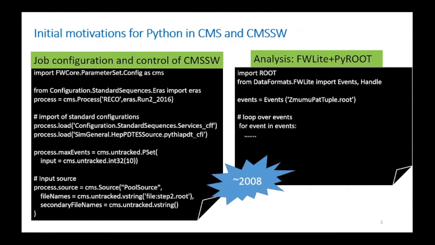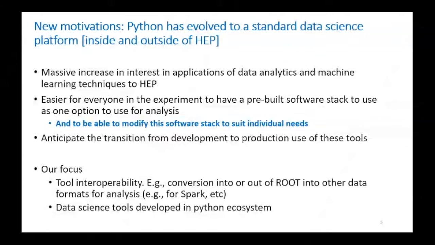Since 2008, Python has changed quite a bit. I think CMS was pretty slow relative to the evolution of data science in taking advantage of all the work done in Python. So that's what we've done over the past year. There's been a massive increase in data analytics and data science techniques.